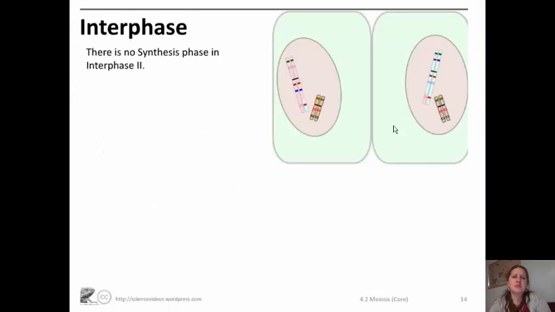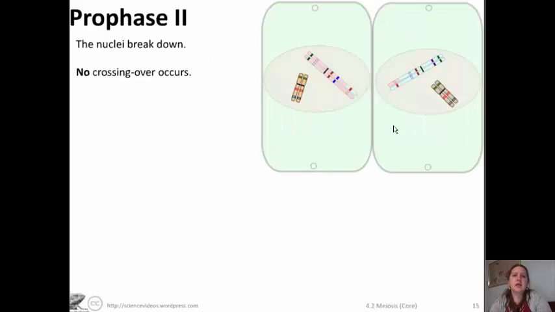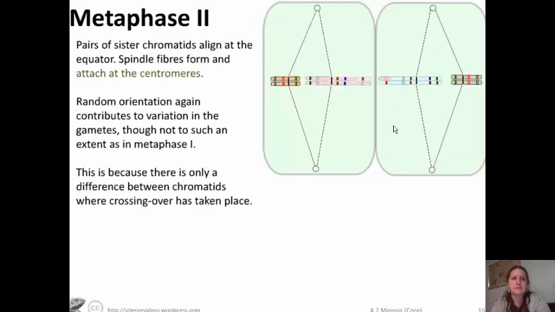All right, so we do have a slight phase of interphase, but not as much is happening, and we definitely do not have any synthesis of our DNA. We just have the preparation for another division. In prophase 2, your nuclei are going to break down, your centrioles are going to move to the opposite poles, your spindle fibers are going to start to grow, but the big thing about prophase 2 is that there is no crossing over occurring.